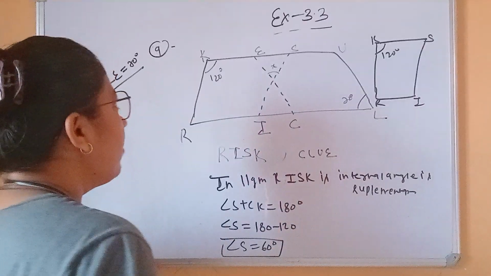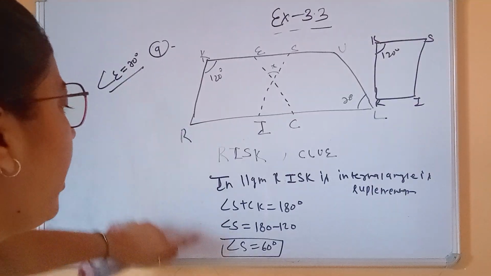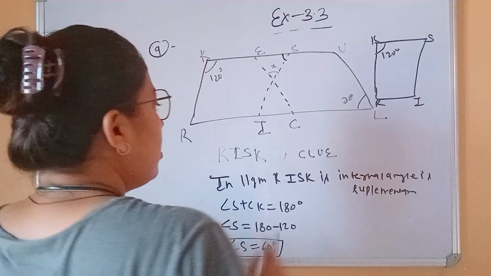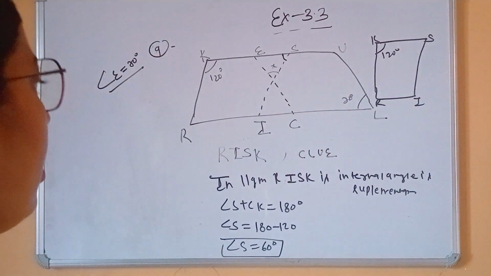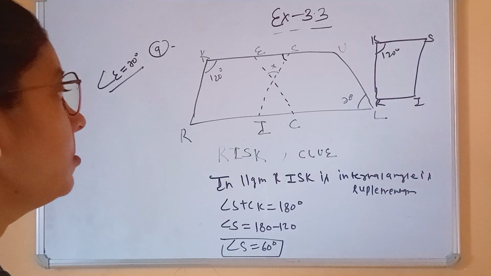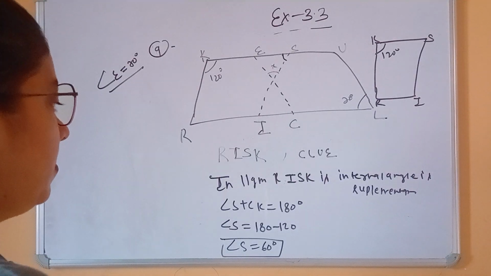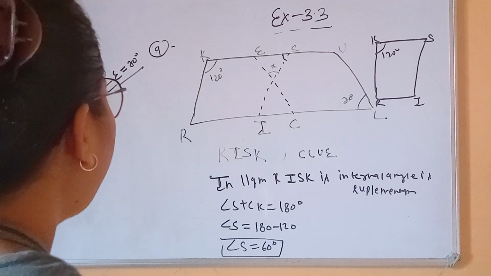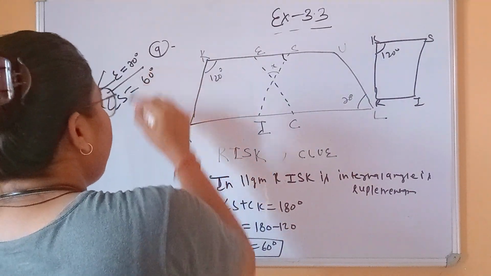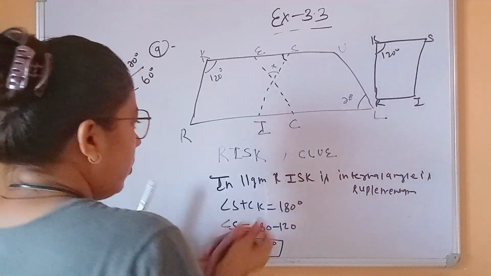Okay, so from here we find angle E is equals to 70 degree, angle S is equals to 60 degree. Then first write, then you understand what we write. So here we find angle E is equals to 70 and angle S is equals to 60 degree. Okay.